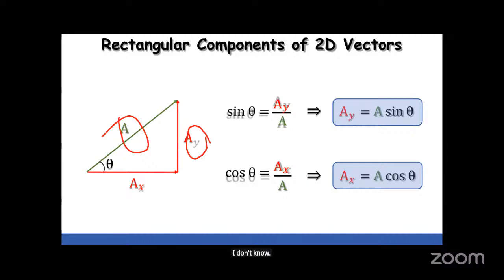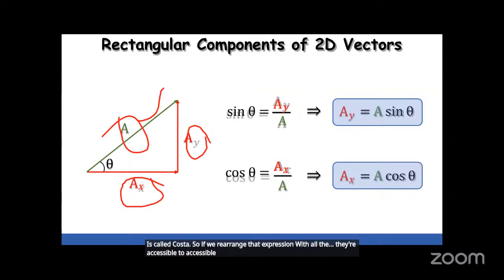So, adjacent over hypotenuse, this is the adjacent AX over hypotenuse, gives us cos theta. So, if we rearrange that expression, we'll have AX is equal to A cos theta. So AX is the horizontal component.